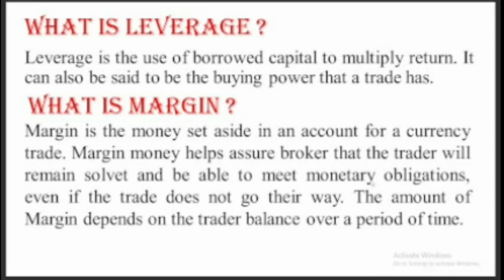So if you have $1,000 in your account and you are using a broker with 1:50 leverage, your 1,000 multiplied by 50 gives you the capacity to buy more than the $1,000 you have in your account. It's like the broker lending you some capital to multiply your return on each trade.